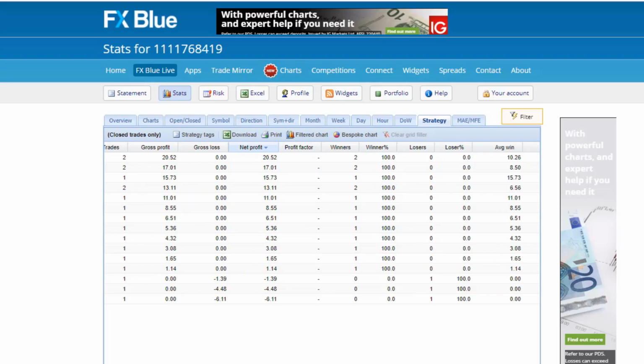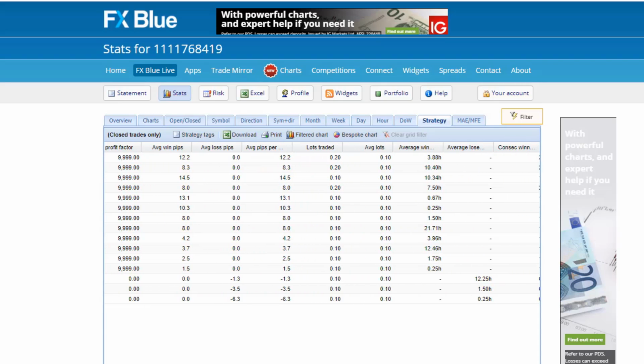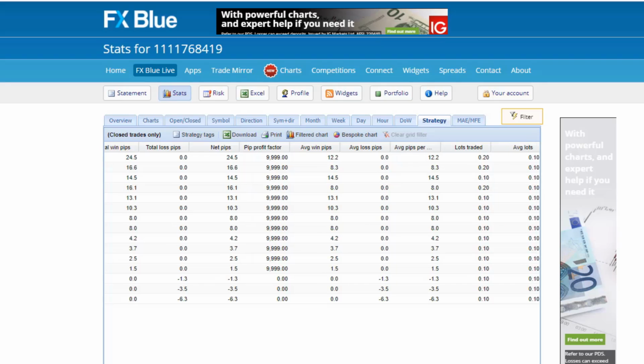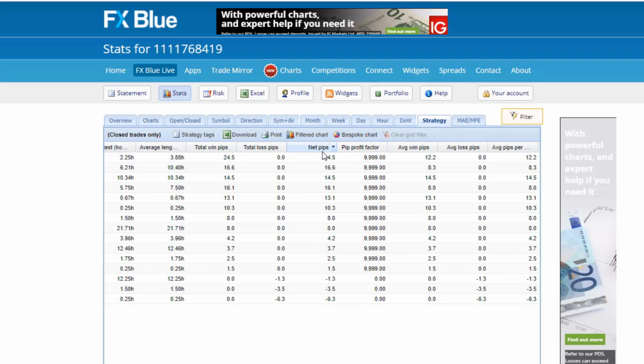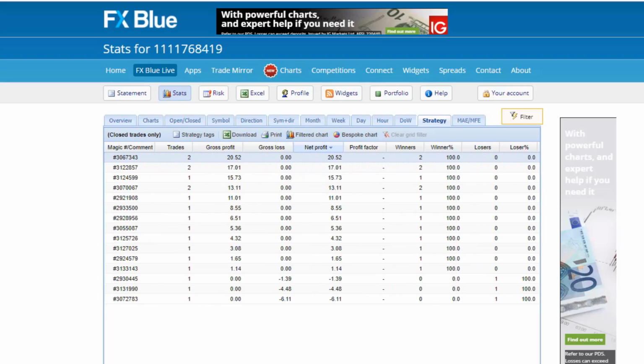And here you can choose any other methods from these statistics. It's a lot of statistics. For example, you can use the pips. Any strategy above 100 pips, you just move it to the other account, or you combine it with the profit factor or the count of trades. Or if you want to test it for a period of time, you're very welcome to do it. I just avoid it for myself.